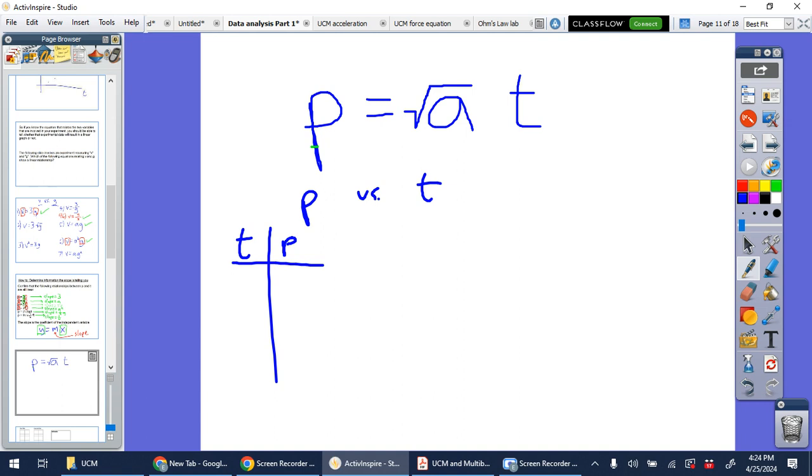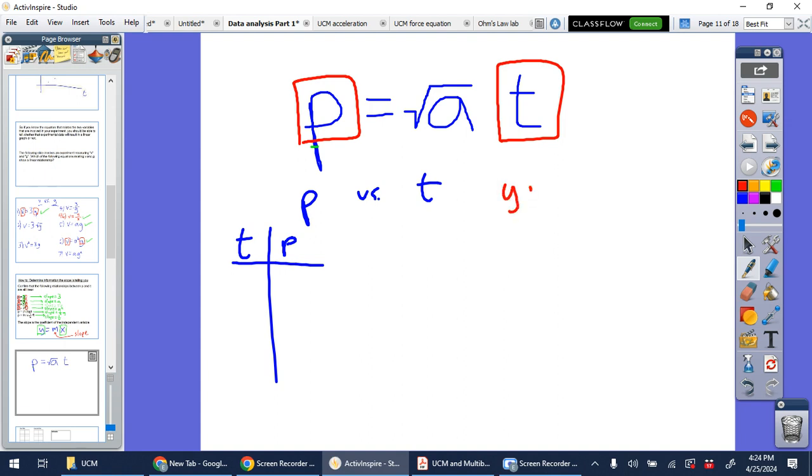One thing I see right away, just by looking at that equation, y variable, x variable, right? So P is definitely my y variable, T is definitely my x variable. Another thing I can see right away is that they are definitely linear, right? I'm going to write down this list, in fact.